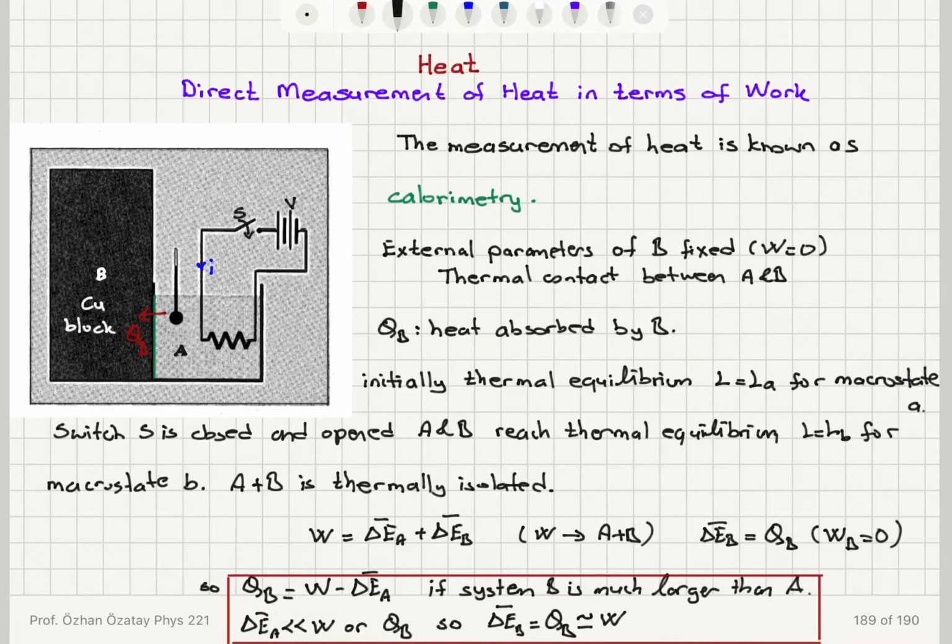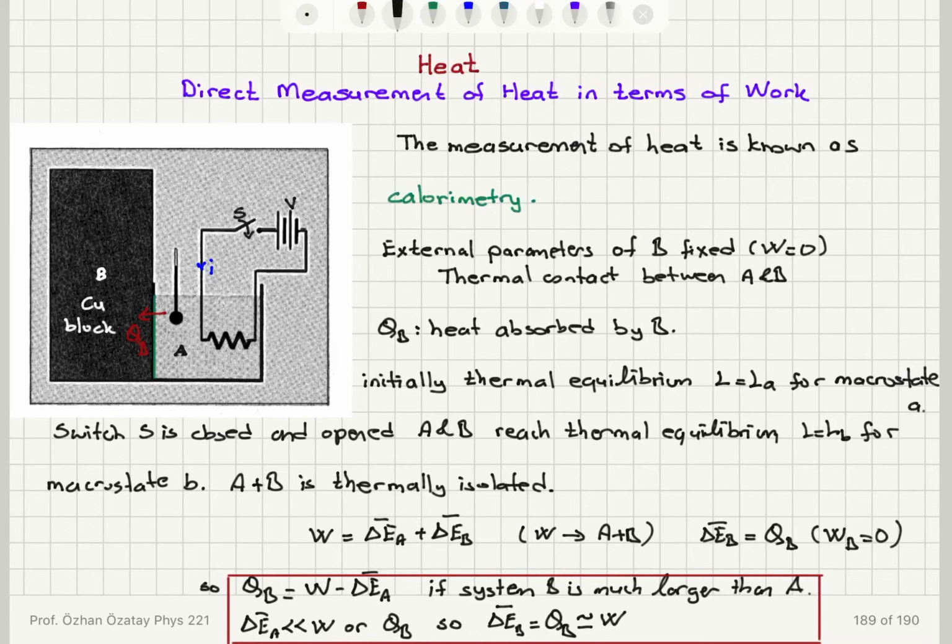The electrical work done will be transferred to the water as heat, because there will be a thermal contact between the resistor and the water, and we will see that the temperature of the water will rise. If we have the thermal contact between A and B, then the electrical work done will cause a change in both mean energy of A and B, or the system A plus B. And since B is only in thermal contact with A, there is no external parameter change for system B. Work done is zero.